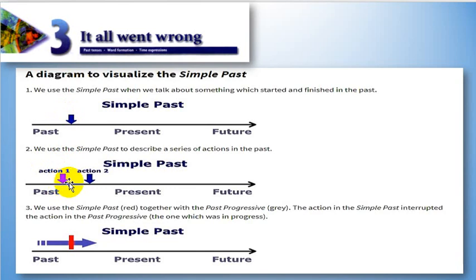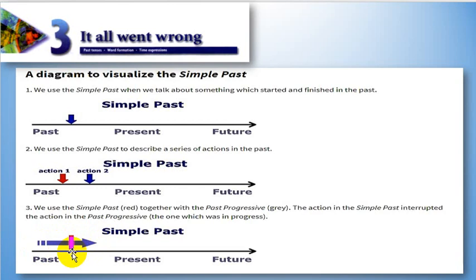I got up and had breakfast. The red arrow and the blue arrow, two actions in the past. We said that we use it with a progressive tense. Here, the blue violet arrow, the long arrow, refers to the progressive tense. We were playing.